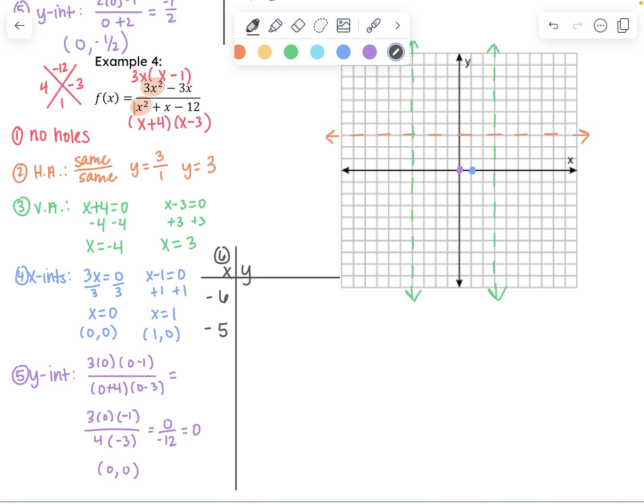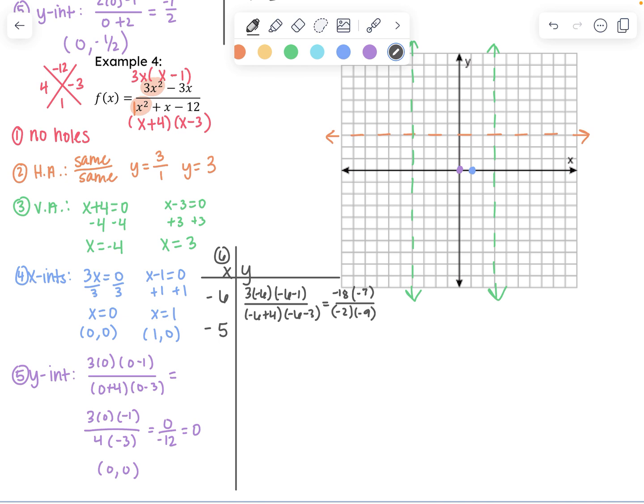I'm going to plug it into the factored one. So that's 3 times negative 6, and then negative 6 minus 1 over negative 6 plus 4 and negative 6 minus 3. So 3 times negative 6 is negative 18, and negative 6 minus 1 is negative 7, over negative 6 plus 4 is negative 2, and negative 6 minus 3 is negative 9.